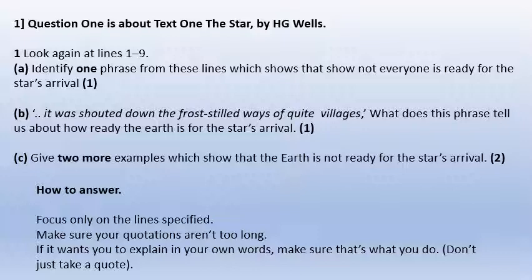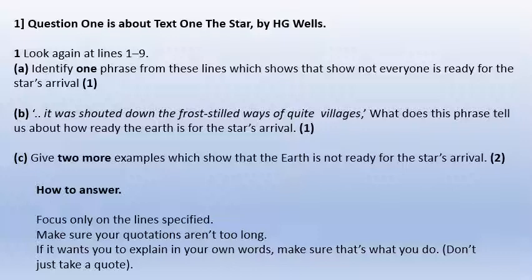And then you get 2 marks for this next bit. Give 2 more examples which show that the Earth is not ready for the star's arrival. So 2 more quotes. You don't need to analyse them, just put the 2 quotes down. So I've given a little bit of guidance at the bottom there. Always focus only on the lines specified. It says 1 to 9 there. Don't do anything outside of lines 1 to 9. Keep your quotations short, 4 or 5 words max.